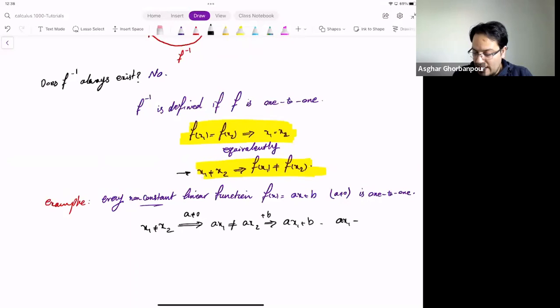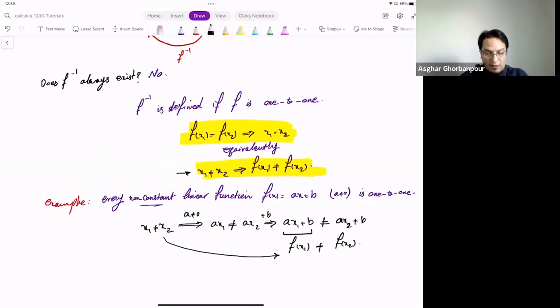Since the original values were different, if I add the constant to these, they will still be different. As a result, I have shown that the output of x1 is going to be a different number than the output of x2. So if you have two different inputs, their outputs are going to be different. That means that f is 1-to-1.